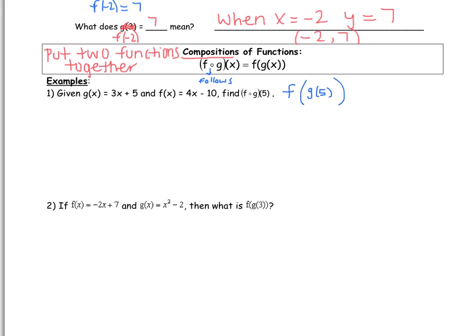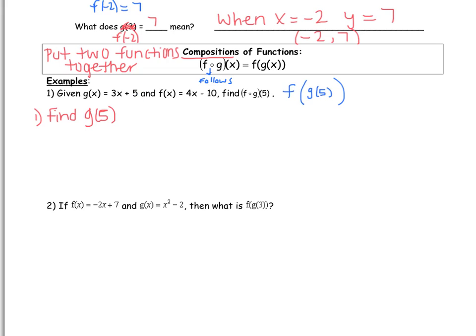Notice how I exaggerated this parenthesis a bit, because it tells you that you need to figure out what g of 5 is before I can apply f to it. So that's my first step: find g of 5. We have to look at the g of x function.